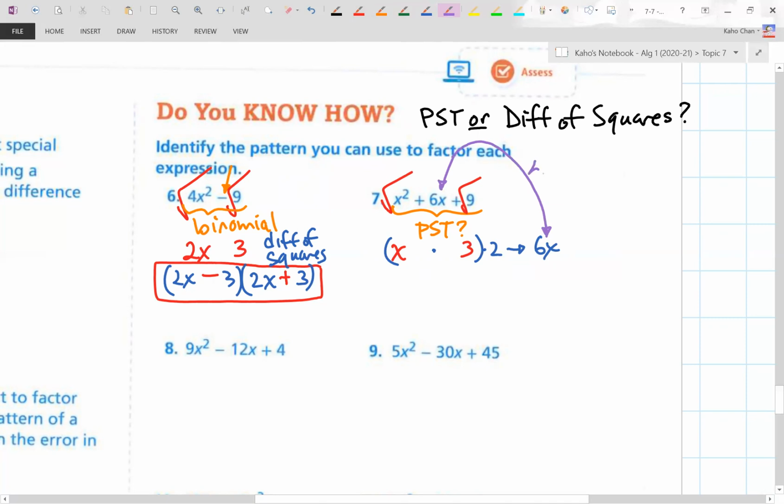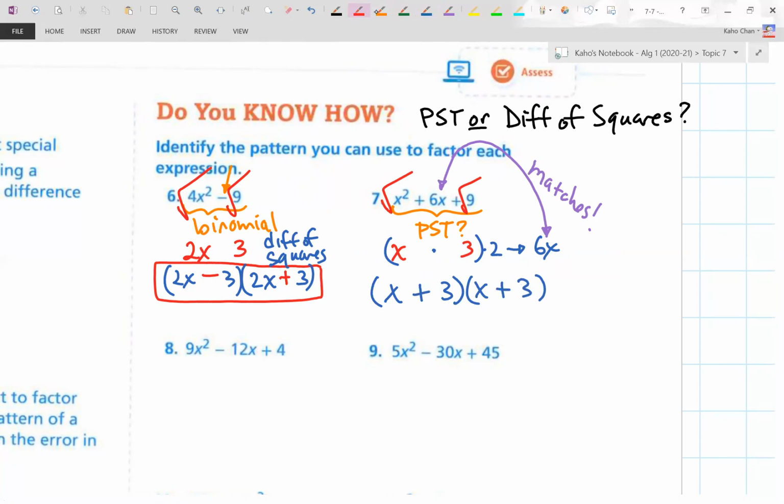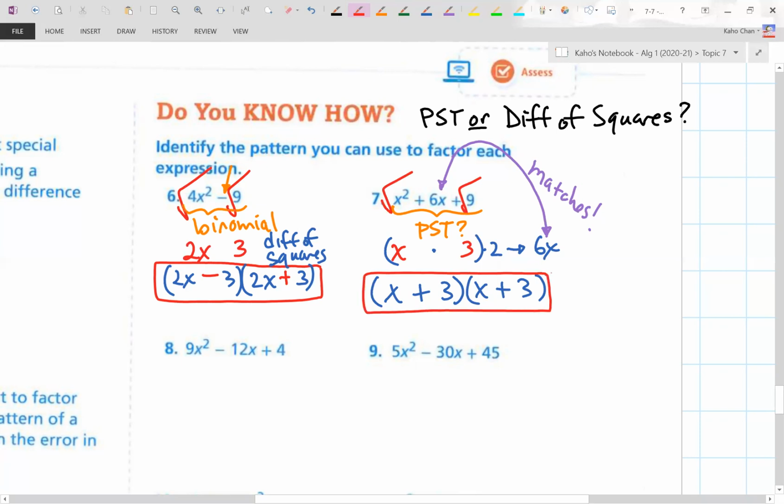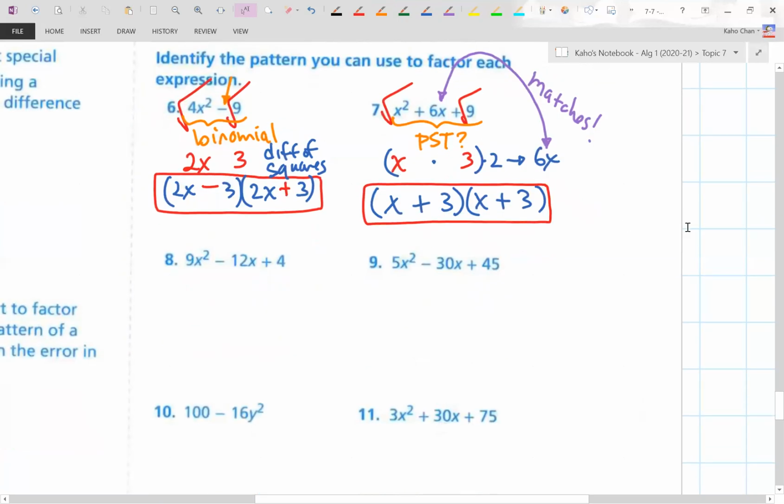That matches. Yay. So this is a PST. It's (x+3), (x+3), positive, positive. Now, all the stuff that I'm doing can be put into an AC hybrid box. It's not necessary. It actually requires more work, but if you notice a pattern, it's much faster.